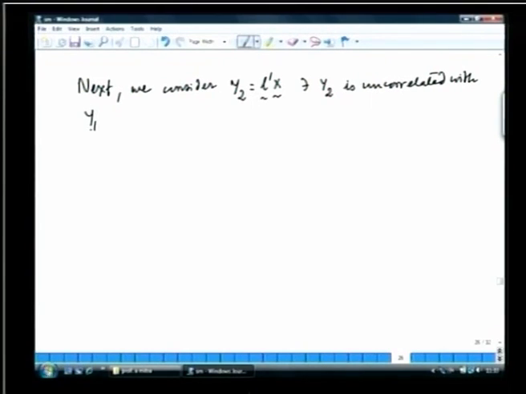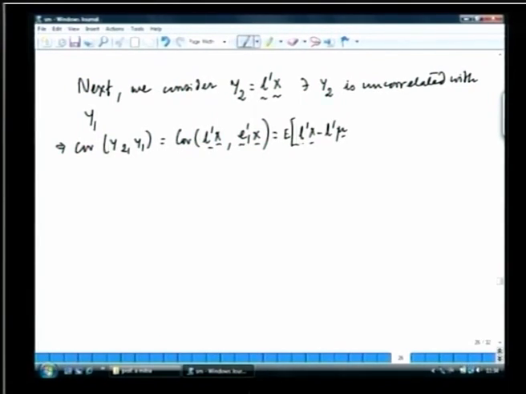That implies that the covariance of y1 and y2 has to be equal to 0. So we are considering the covariance between L prime x and y1, and we know what y1 is, so I take that form, E1 prime x. This is nothing but L prime x minus its expectation.